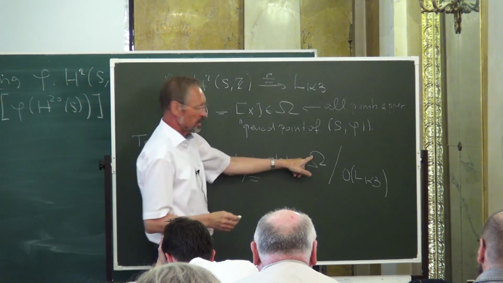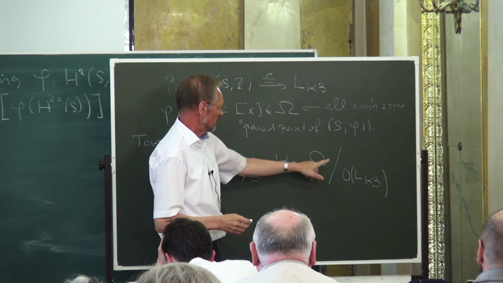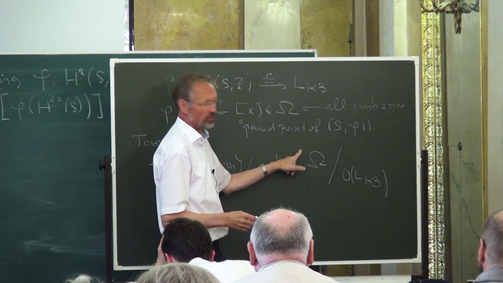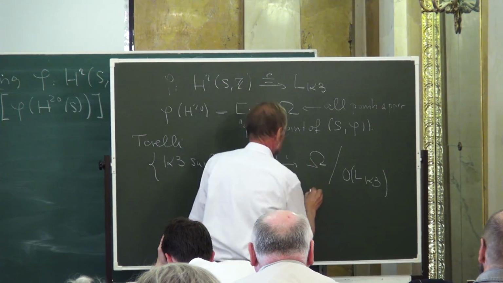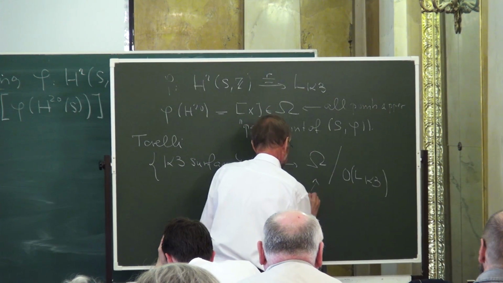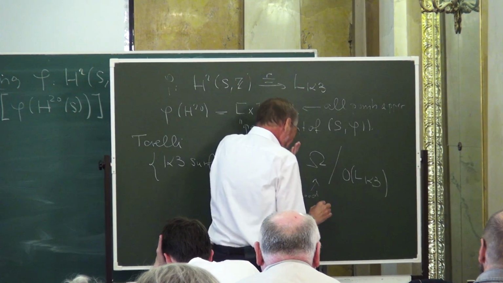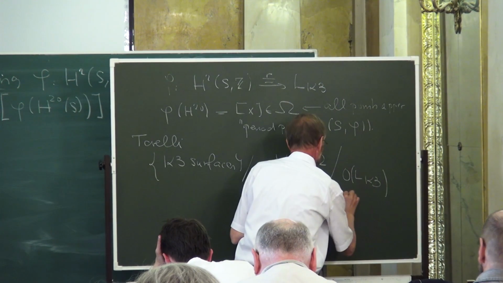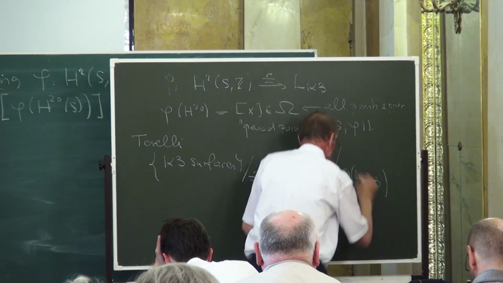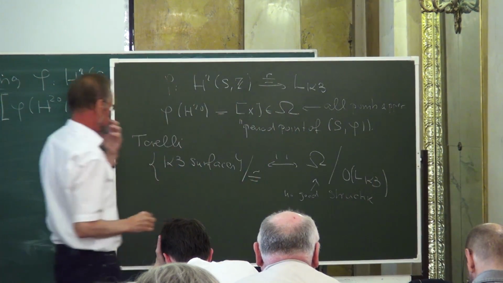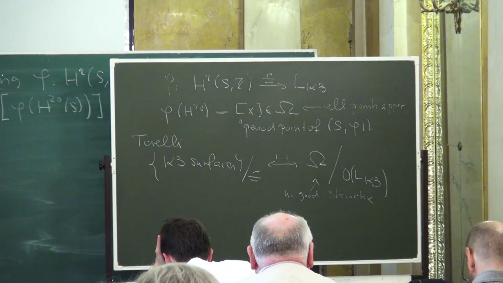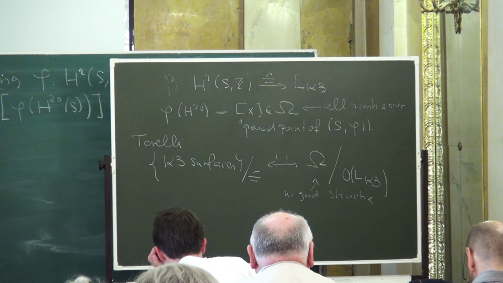However, omega is a nice manifold, but this group acts very badly on it. So this quotient has no good analytic or algebraic structure. I mean, you can do it, but it's not a good object for analytic or for algebraic geometry. And it's not so surprising, because here we are really working in complex geometry.